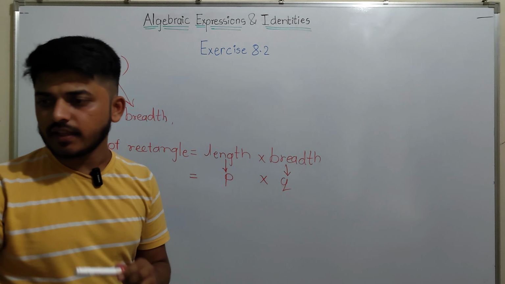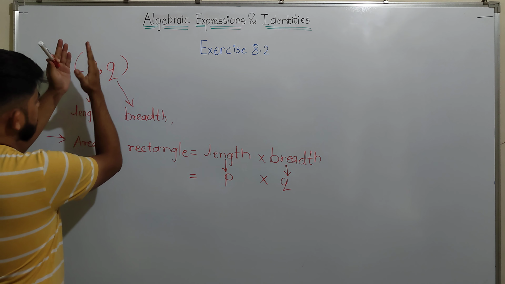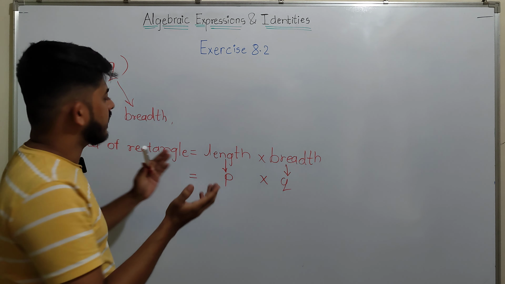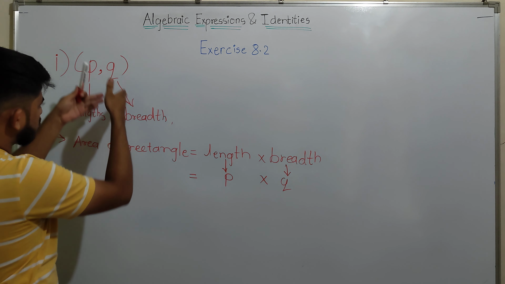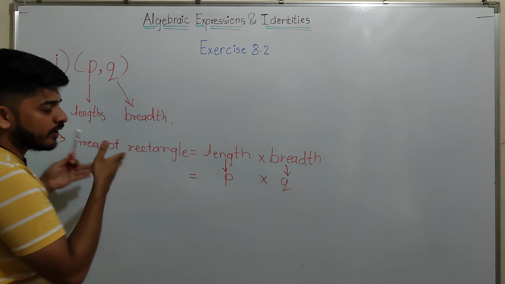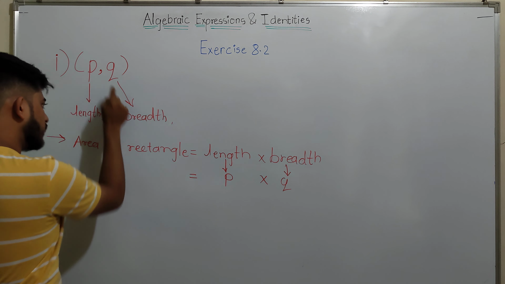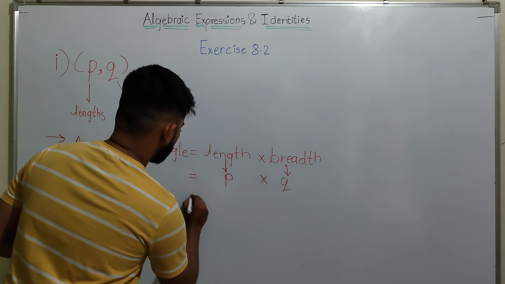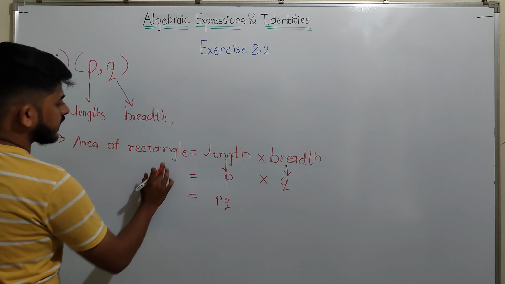Because in the question they have mentioned lengths and breadths, first lengths and breadths respectively. If they would have given breadths and lengths respectively, then P would have become breadth, Q would have become length. So P is length, Q is breadth. So area of rectangle, length into breadth, we have substituted the value. So this is PQ. The area of rectangle is PQ.